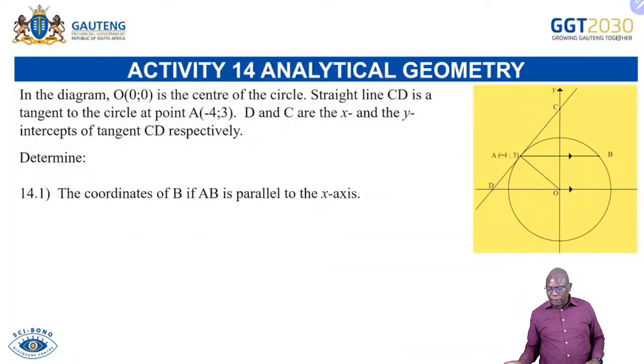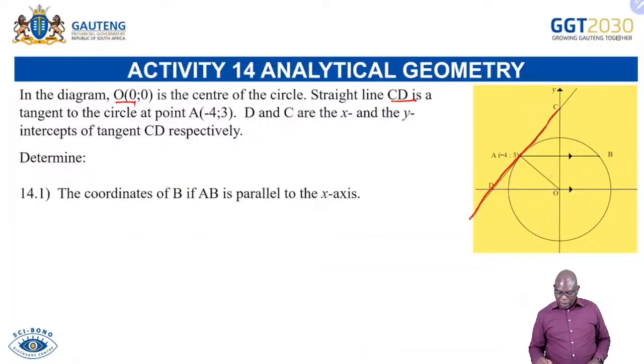But in this question, easy, straightforward question here. (0, 0) is the center, line CD is the tangent. I have parallel lines, maybe I must use them, I don't know. A is the point given there, and x and y intercept of the tangent CD respectively.